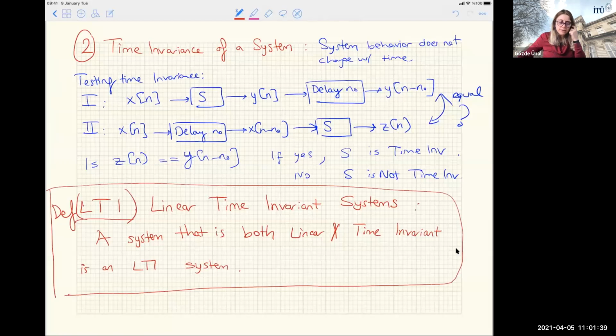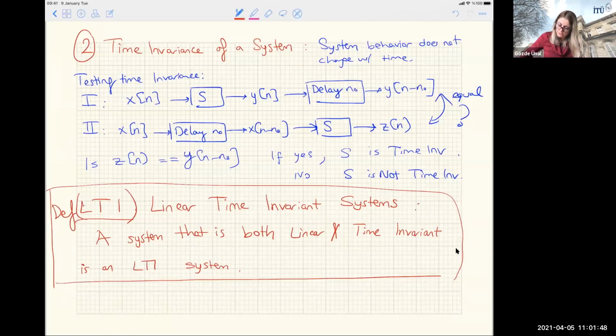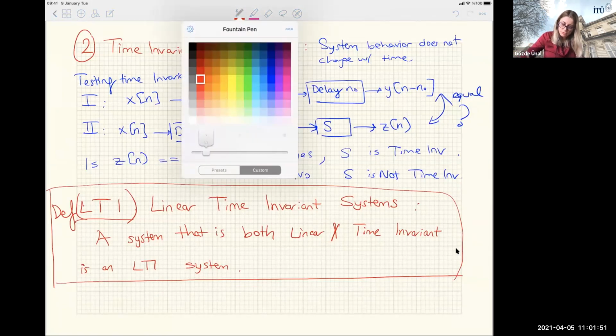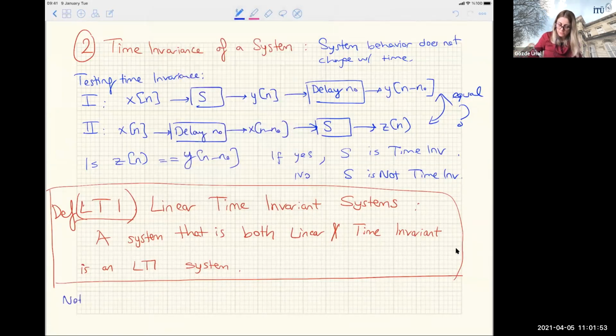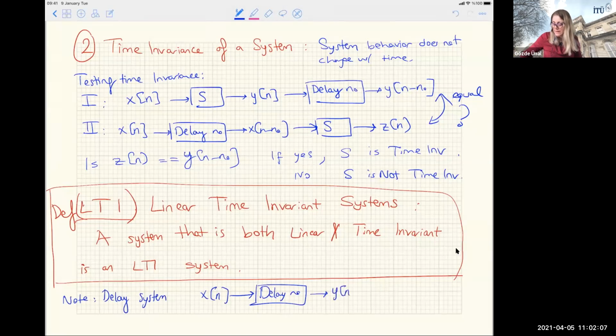So now, guys, maybe I can define the delay system here. I didn't before, I see it in my notes now. So let's just complete this. We probably didn't do this before, but what is a delay system, you may ask? A delay system: x of n goes into this delay system by n0 and, as the name implies, takes x, delays it by n0, and prints it out.